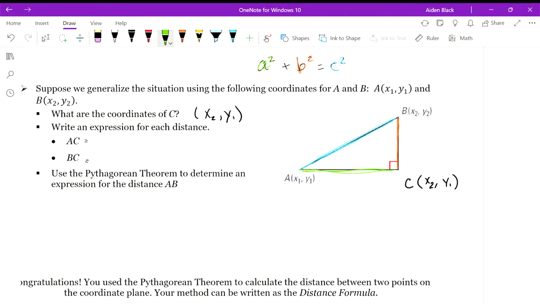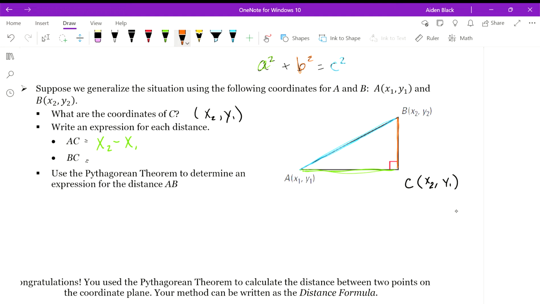So AC is the distance from this point to this point. And since it's just a horizontal line, all we have to do is take the x-coordinate from the C point and subtract it from the x-coordinate from the 1 point. So we get, make this bigger, x2 minus x1. Okay, that's AC.